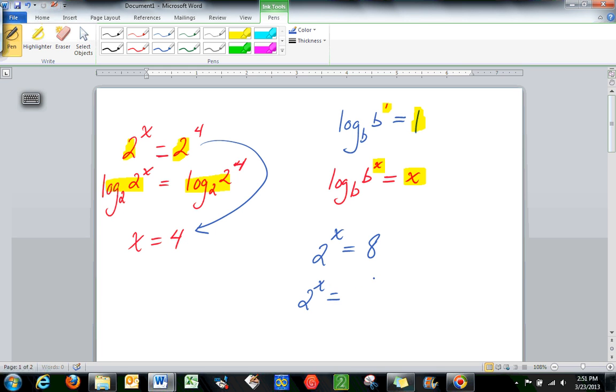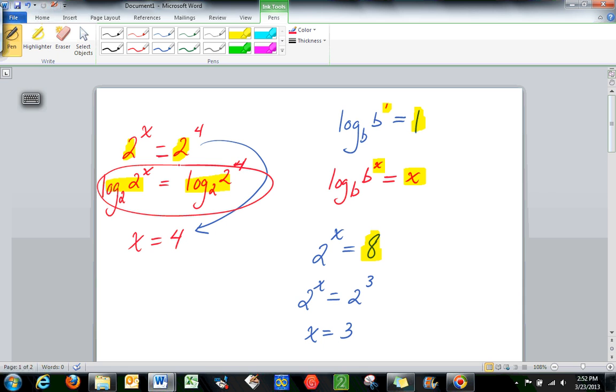And since we've learned our squares, our cubes, and our fourths and fifths, we know that 8 is the same thing as 2 to the 3rd, and so x would simply be equal to 3 in that particular case. So sometimes it requires rewriting a number to match up as a common base. So this particular step right here is not necessary. That's just the reason, a prior property that we learned in a prior section that allows this to work.